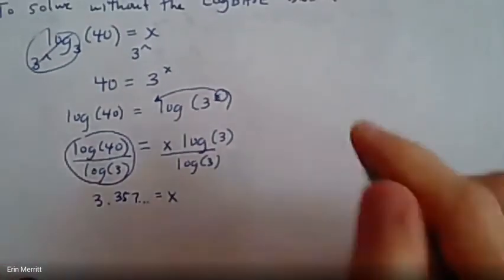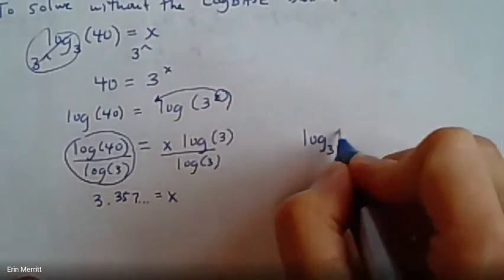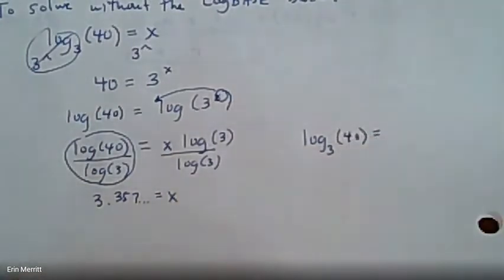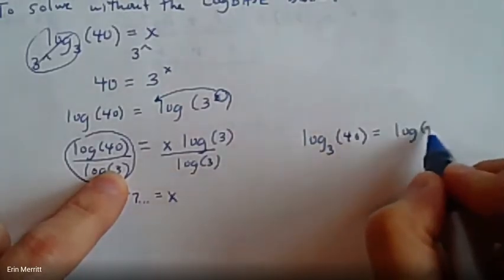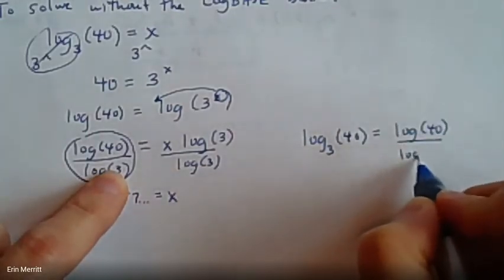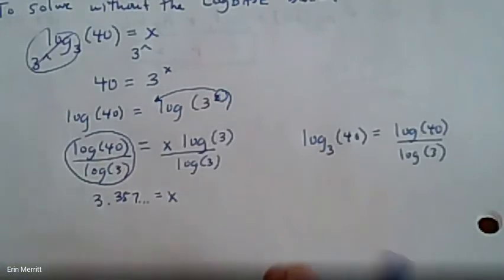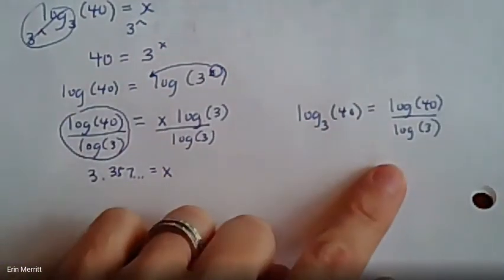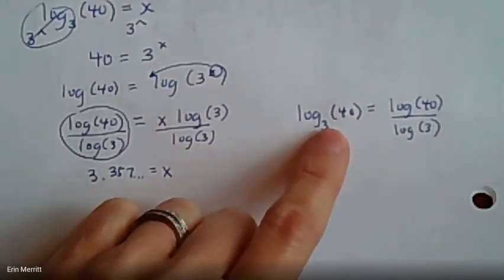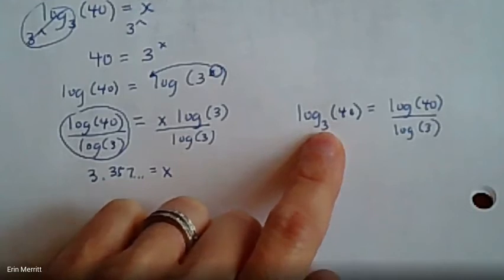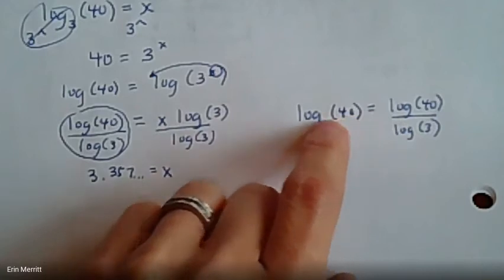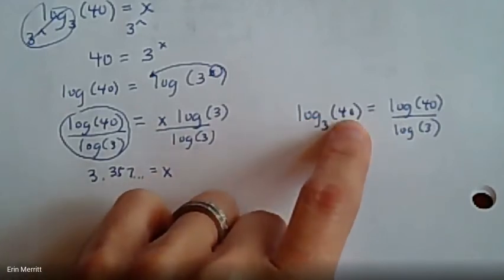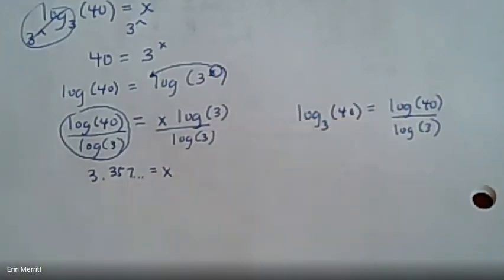So what does that mean? Well, think about where the question started. The question started at log base 3 of 40. Look at where it finished. We said that that's equal to log of 40 divided by log of 3. So what this is called, it's called the change of base formula. So if you have a base other than 10, but you don't have that nice log base button, all you're really doing is the log of the number in the parenthesis divided by the log that is the base itself.